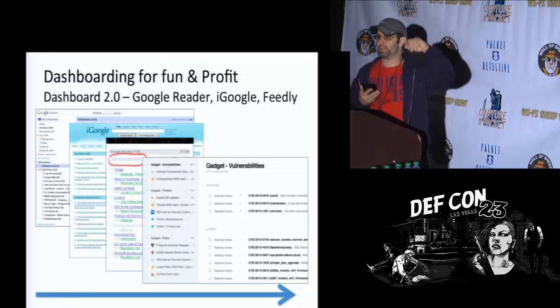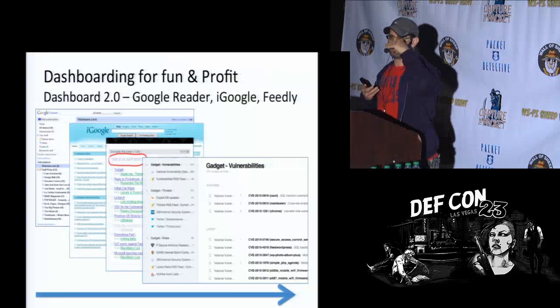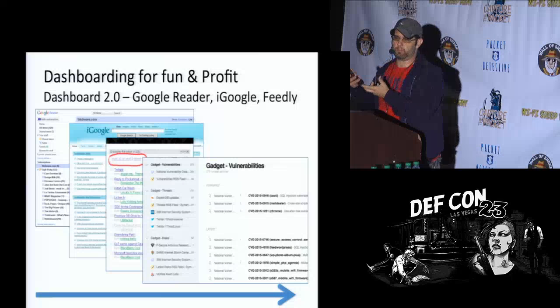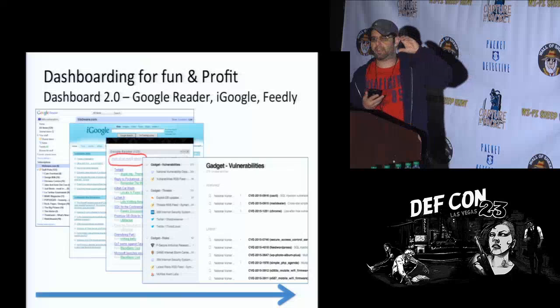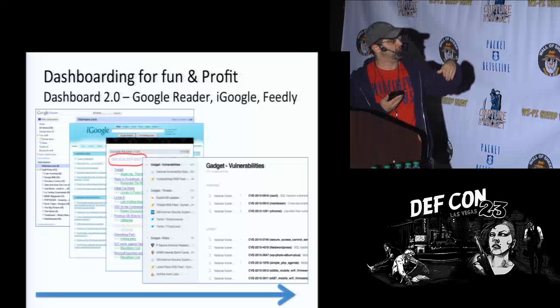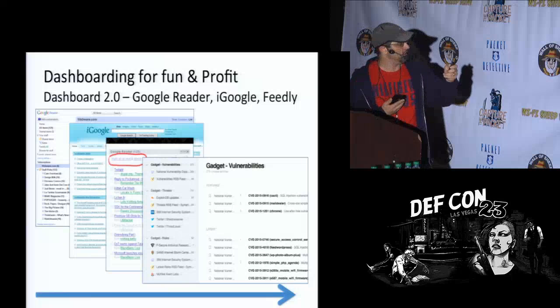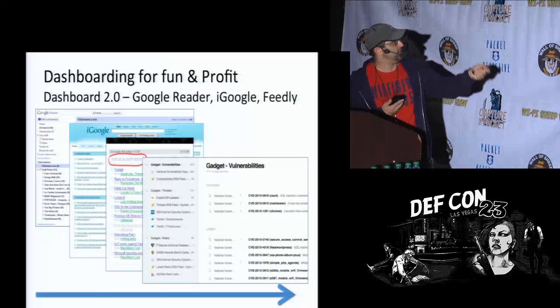They had the home page, right? So the cool thing with Google Reader is you could create a category, and then you could put a bunch of feeds into that, and then you could get that category and all the feeds associated with it, and you could put it into an iGadget, like one of these little iGadget things here.